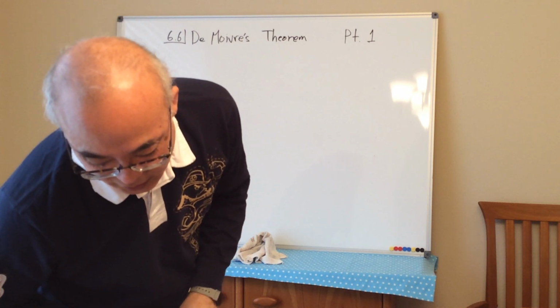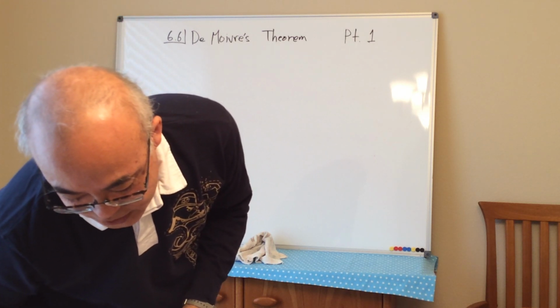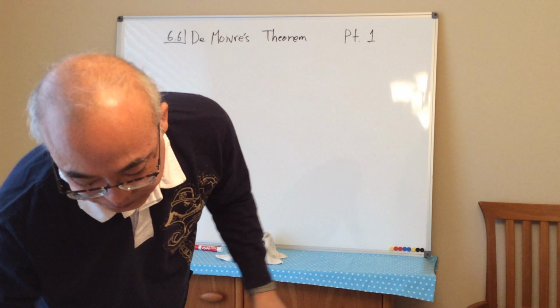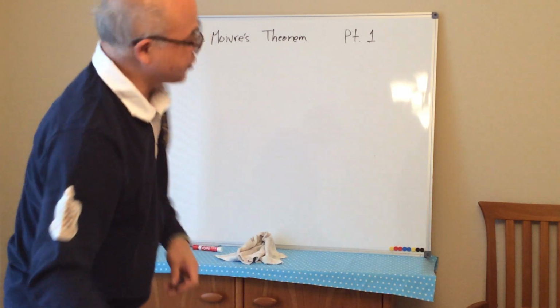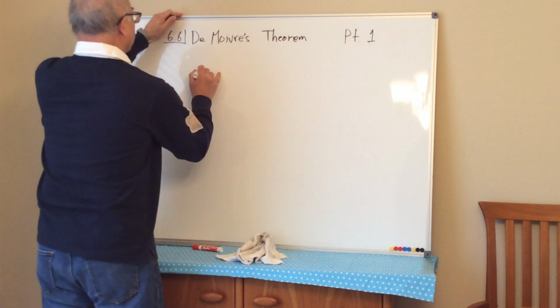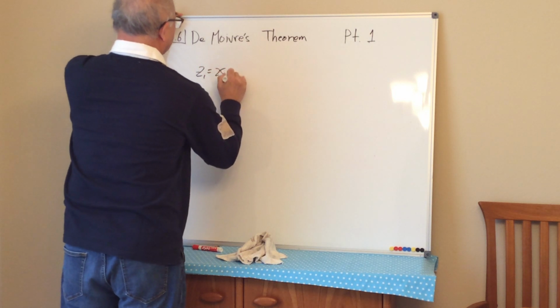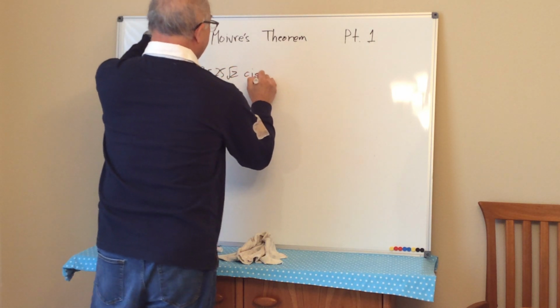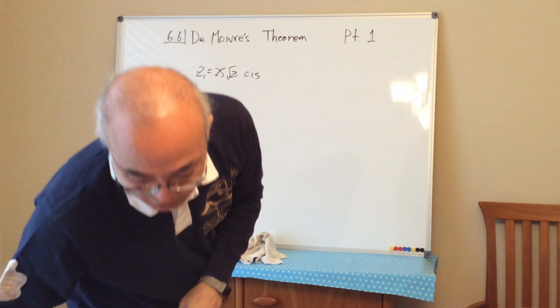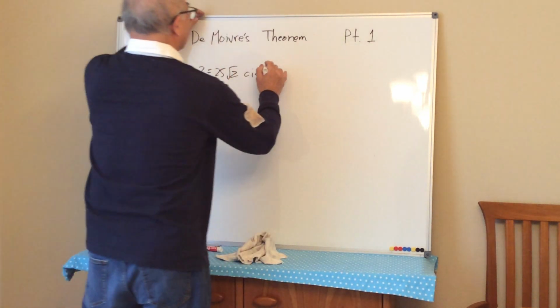Example number 3, use an algebraic method to find Z1 Z2, where Z1 is 25 root 2 CIS, and the argument was negative pi over 4.